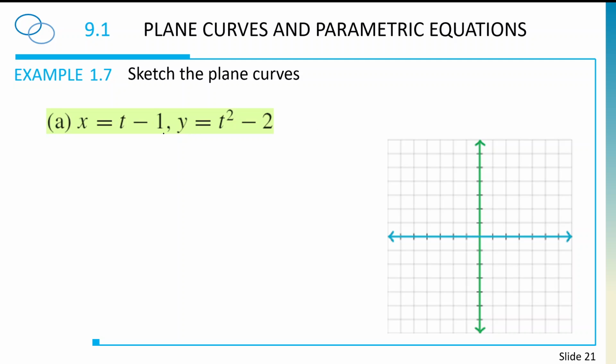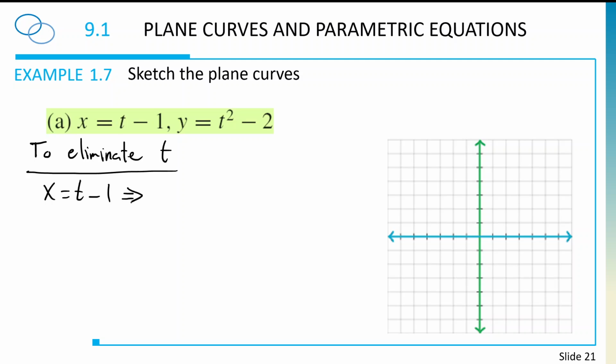If there's no domain given, that means you need to find it for all real numbers. Now if I need to eliminate t, I'll take the first equation and solve for t. So x is equal to t minus 1.